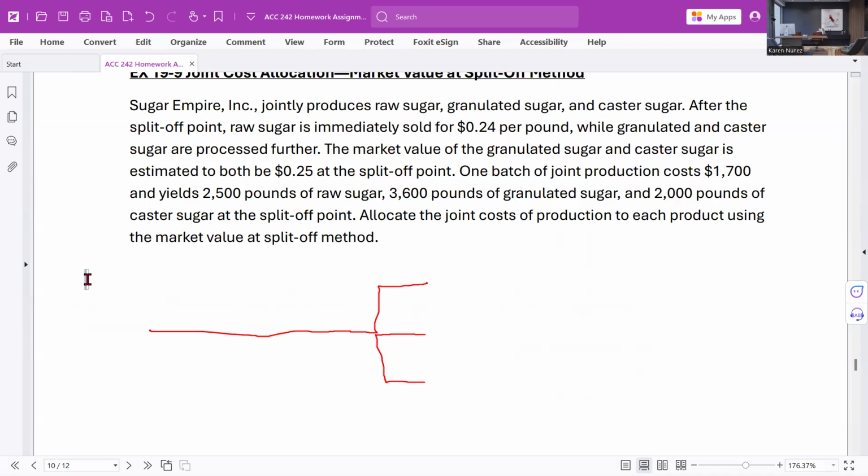So this joint process has joint costs of $1,700. And it yields three products, right? So they're processing sugar, and they end up with sugar that is raw. That's this first one. They end up with granulated sugar, and they end up with castor sugar.